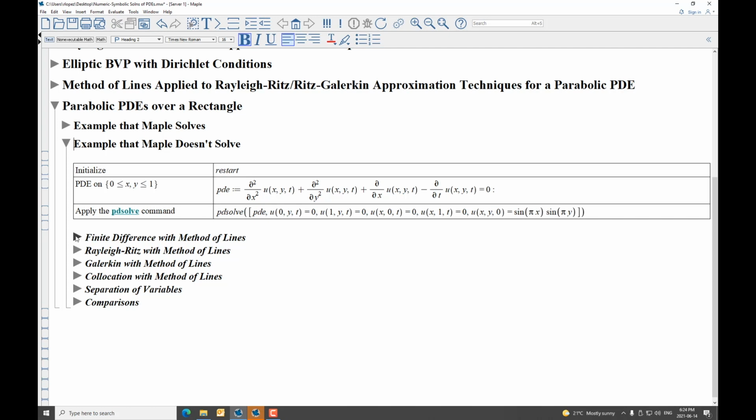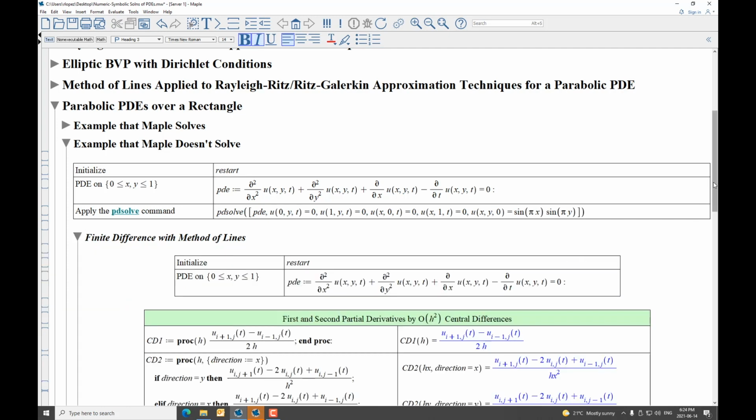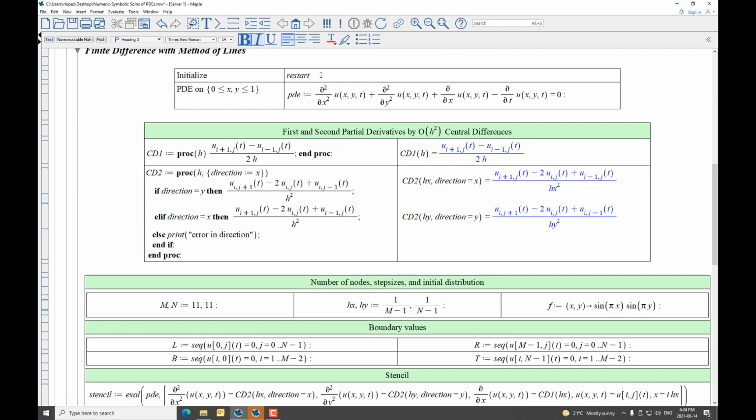So let's take a look at the finite difference approach. Just to make sure that we've got a clean slate, I did a restart, so I have to enter the differential equation. Finite difference, I need O of h squared derivatives, and we've seen this earlier. I took 0 to 10, so I have 11 nodes in each direction because I'm going to use a square from 0 to 1, 0 to 1.